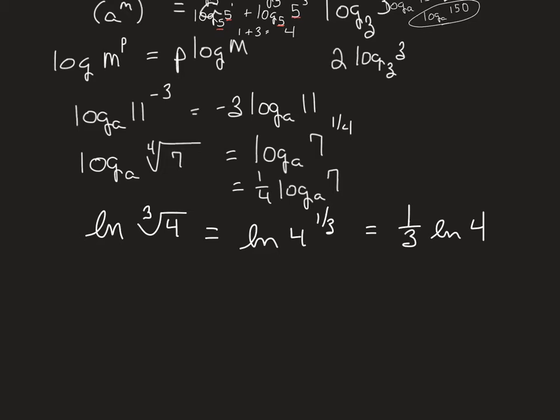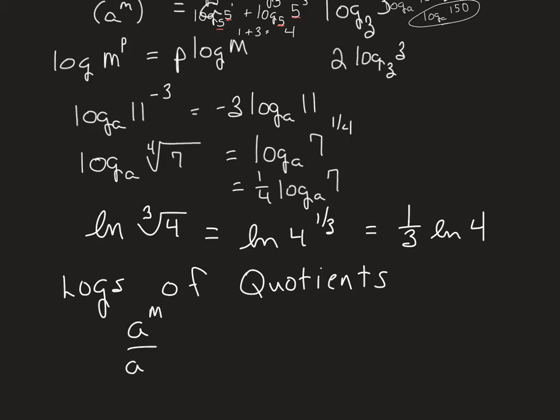Let's look at the logs of quotients. Again, we go back to our exponential rules. It says if we have a to the m over a to the n, we can simplify by taking a to the m minus n.